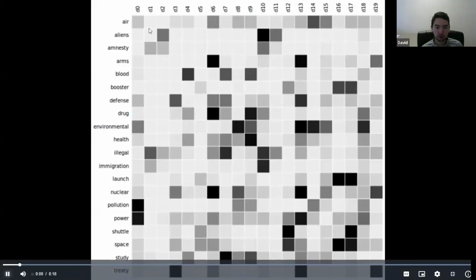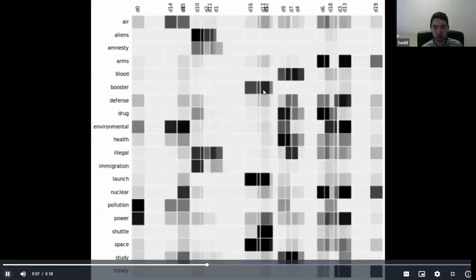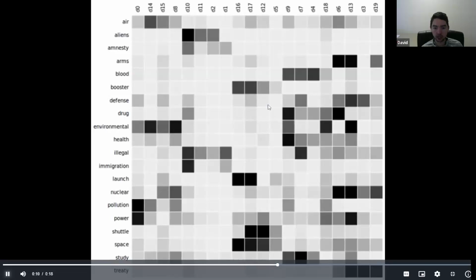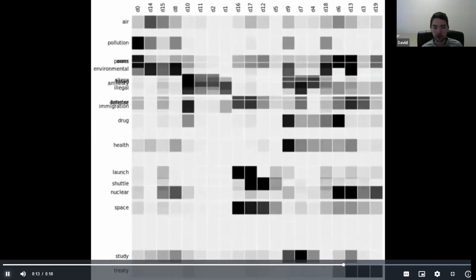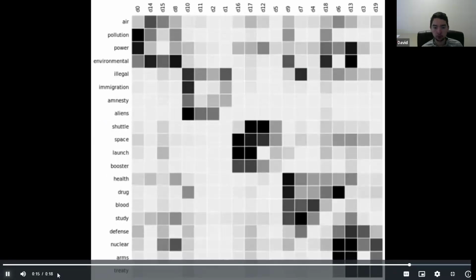So we can see here, this is the example from the slide. Just so you know, each square represents the count in the matrix. A darker square is a higher number, and a lighter square is a lower number. For example, document 0 talks about pollution and power, and document 8 talks about environmental stuff. We can use matrix methods to reorder the columns and the rows in order to group certain words based on a topic.